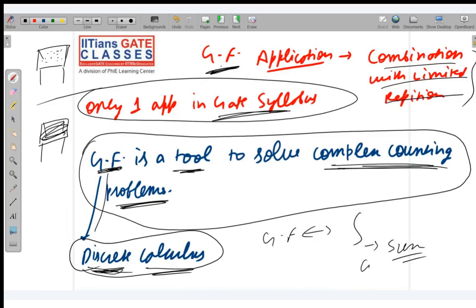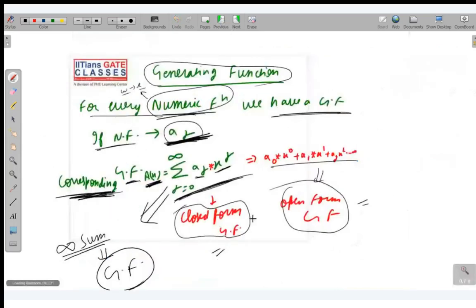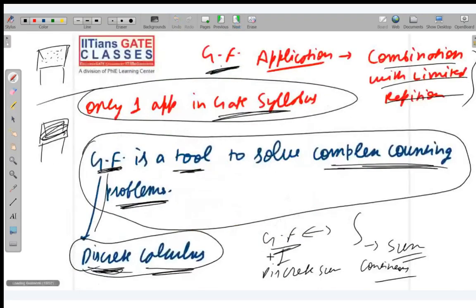Continuous sum is integration, and generating function is a discrete sum, because I have applied sigma r equal to 0 to infinity a_r x to the power r. So I am doing summation only. Generating function is your discrete sum, but integration is a continuous sum.